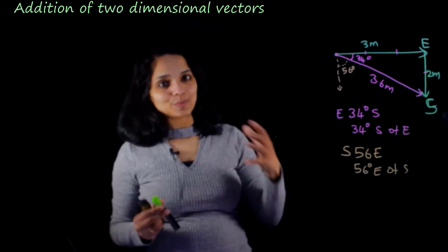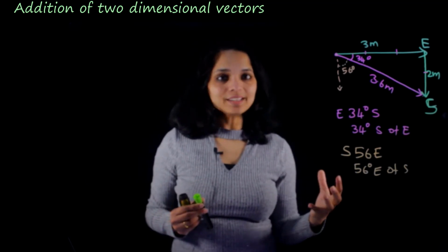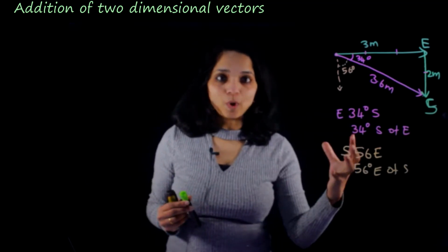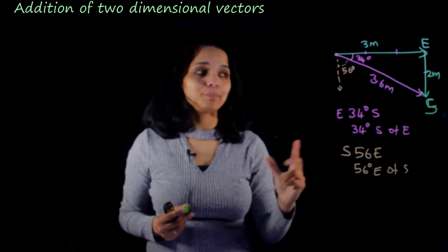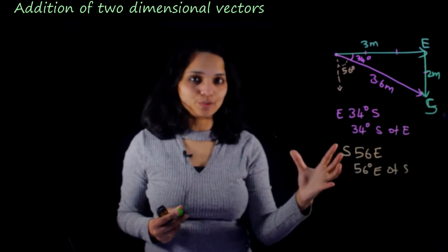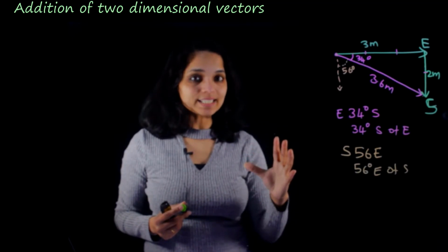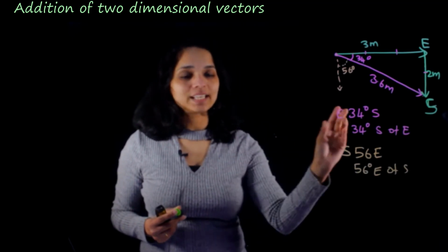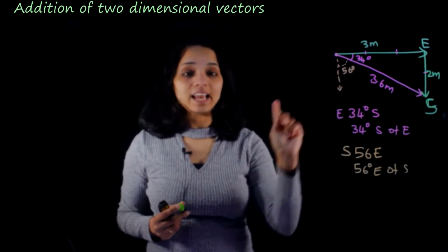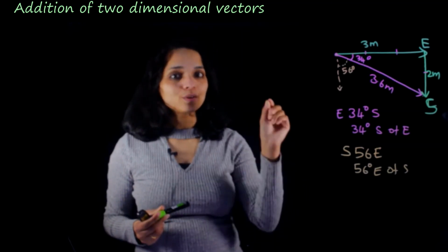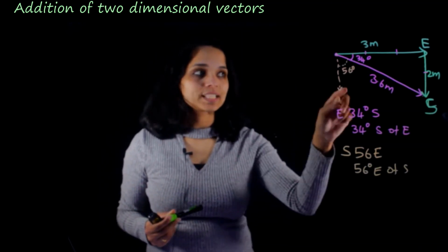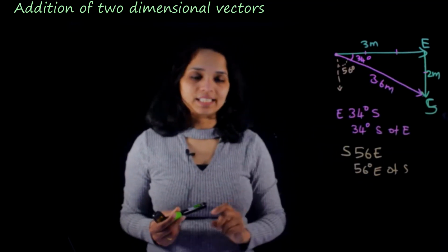Okay. So the next one is the geometrical method, where you can add them quite easily without actually measuring using the ruler and a protractor. Instead, you will be calculating, finding this length and angle mathematically. But the only problem with that is you can only find the resultant of perpendicular vectors.